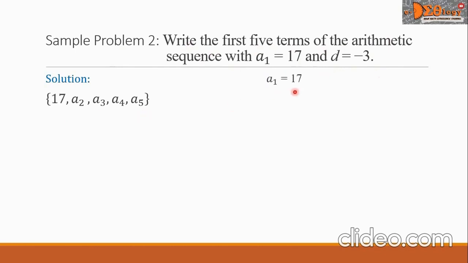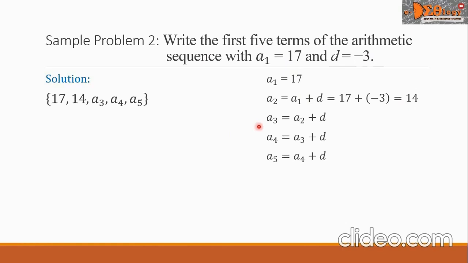The first term is already given as 17, so we will substitute this value in our sequence. For a sub 2, that is equal to the first term plus the common difference d, and that is 17 plus negative 3, which is equal to 14.